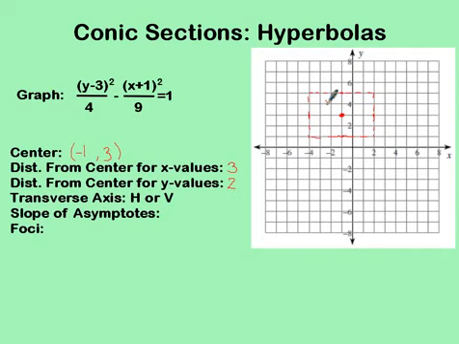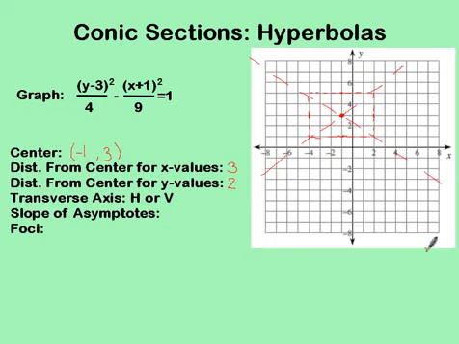Alright, if you connect these endpoints of this box, the corners, diagonally, you can kind of see the shape of the hyperbola coming through. The next thing we have to do though is decide, will my hyperbola open up to the left and to the right, or will it open up from the top and the bottom?